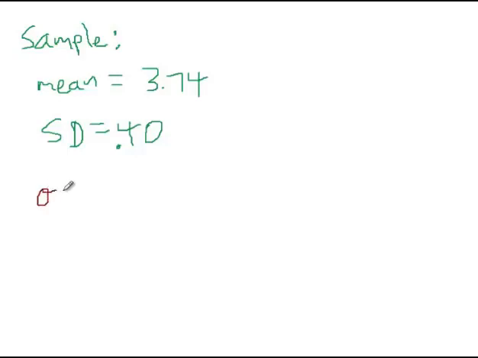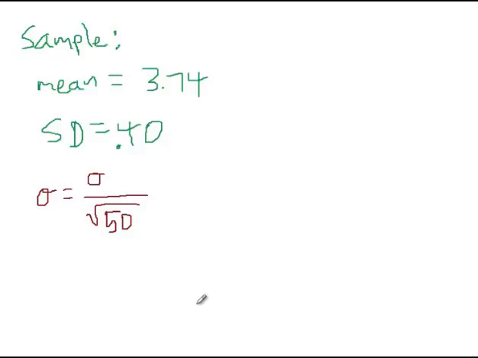Remember, the sigma, the standard deviation for the whole population, is going to be the sample standard deviation divided by the square root of the sample size. Now the sample size was 50. It said in the example that you took a survey of 50 random supermarkets, so the sample size is 50.